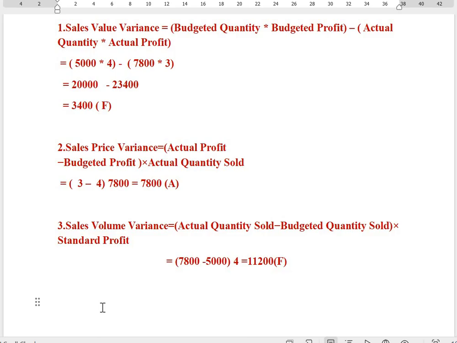Now we can prove this in the variance analysis. Already in the material variance I said you can prove your result.